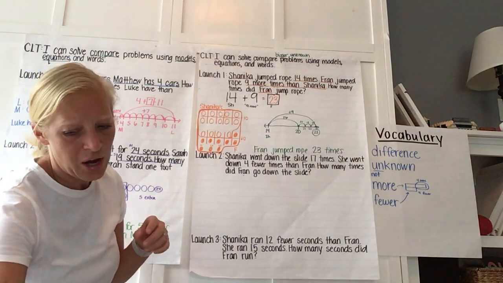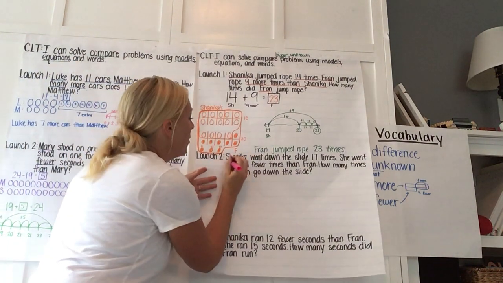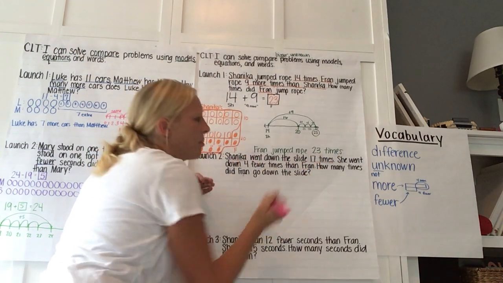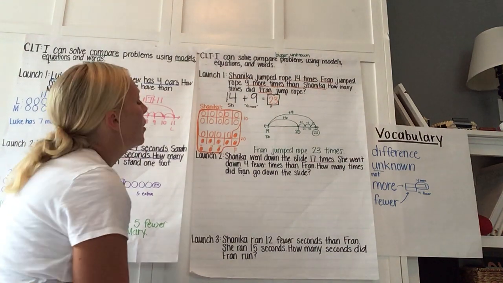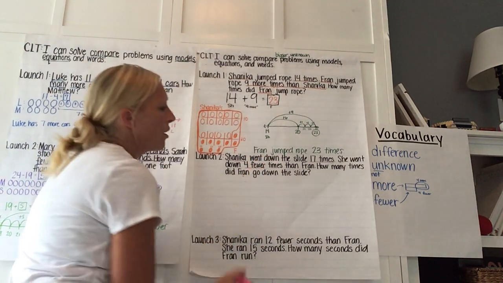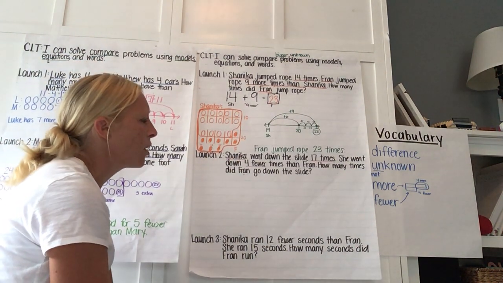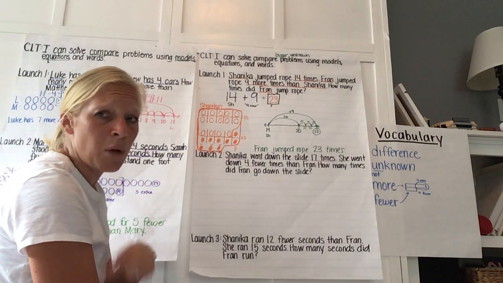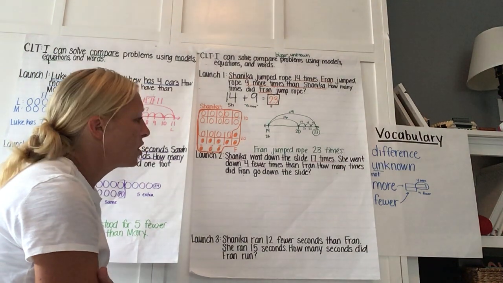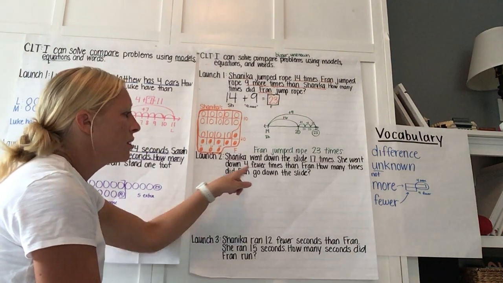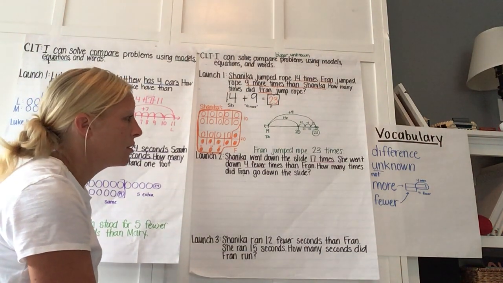What do we already know? Okay, there's Shanika. We know how many she went down, 17 times. What else do we know? It was 4 fewer than Fran. So is Shanika's number a bigger number or a smaller number than Fran's? How do you know it's smaller? Because it says 4 fewer, right? So her number is fewer than Fran's.